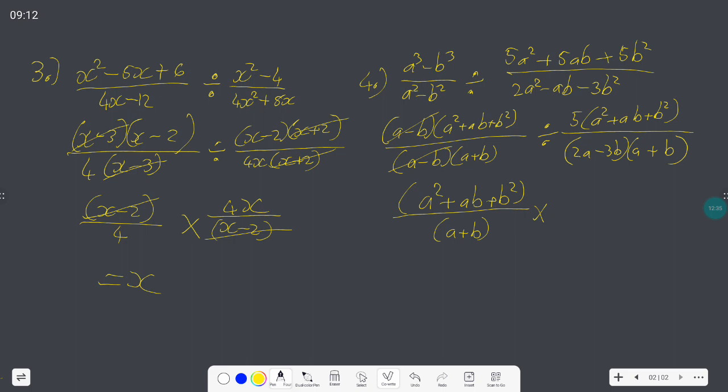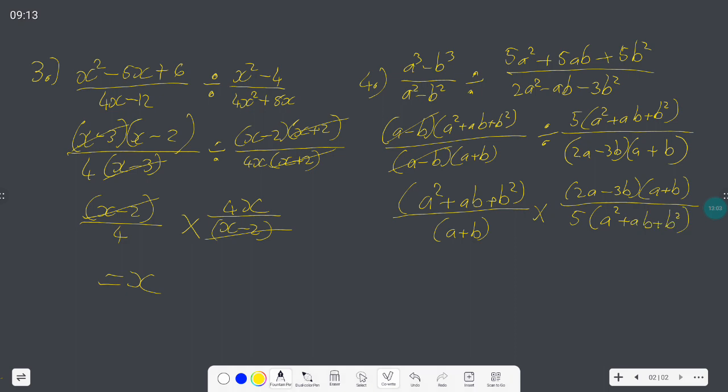The reason why I keep the brackets, it's not necessary to keep the brackets, but it makes it easier to see, okay, but these are grouped, those are grouped. And then if I flip it, this one will also flip. So it swaps over. A plus b, all divided by 5 times a squared plus ab plus b squared.